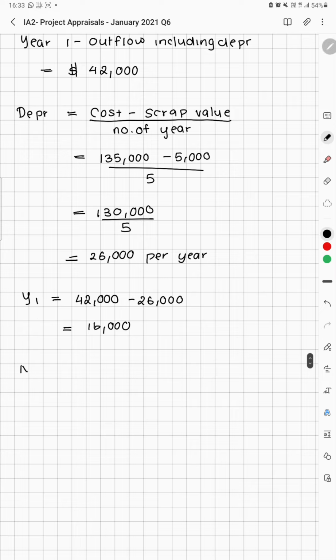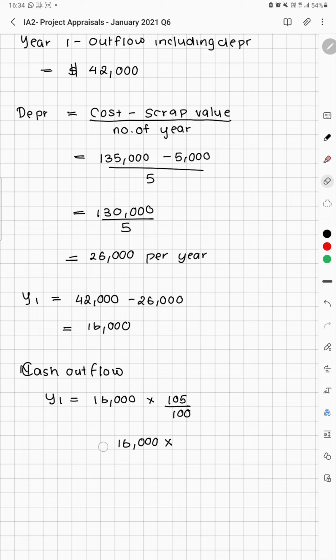So excluding depreciation, we take year 1's cash outflow, which is 16,000, and we multiply by 105 divided by 100.